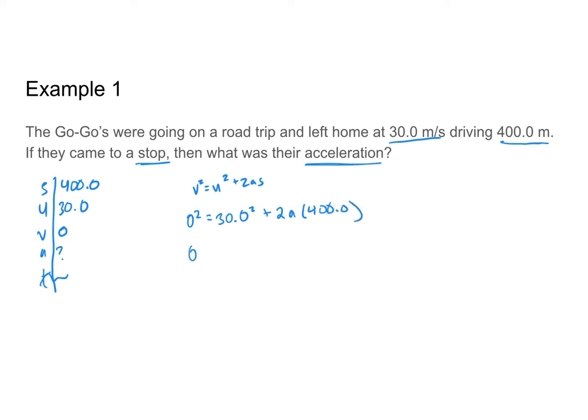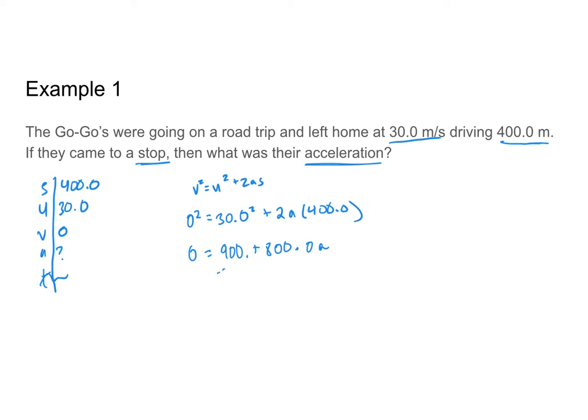Simplifying this, I get that 0 is equal to 900 plus 800.0a. Now, I should have a decimal after that 900 to show that all 3 digits are significant. I usually am a little lazy about doing that, but it's good to be precise when we're learning about sig figs.